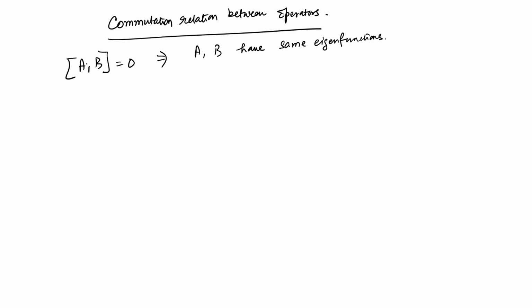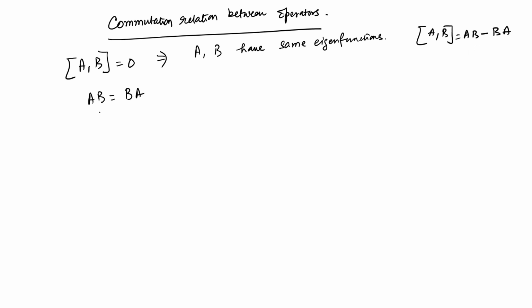And of course, the commutation of two operators plays an important role in all of quantum mechanics, because if this is true, then AB equals BA. The commutation of two operators can be written as AB minus BA.